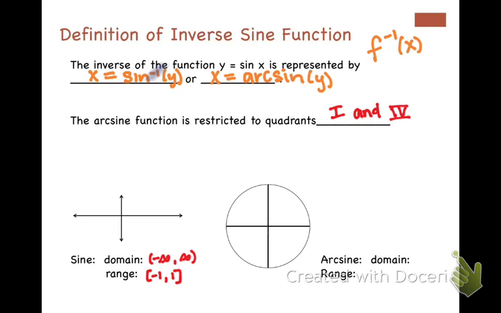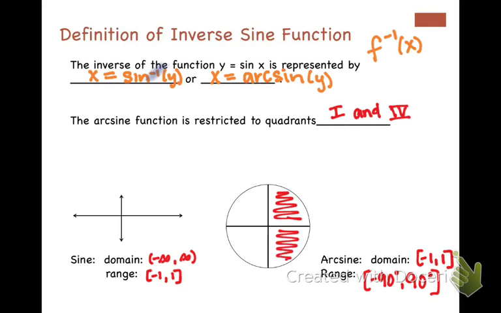Arc sine, however, my domain and my range flip-flop. So for arc sine, my domain is going to be that -1 to 1. But my range this time has become restricted. So this is now going to go from that -90 degrees to +90 degrees. All right, so we're only going to be looking at these two quadrants here and here.